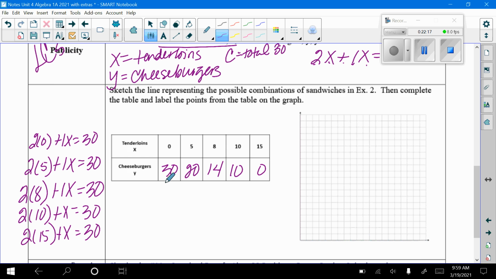So now I have to go all the way to 30 on the y. I only know it goes up to 20 because I just did the same grid I used. So let's go every 2, 4, 6, 8, 10. 2, 4, 6, 8, 10 be 20. 2, 4, 6, 8, 10 is 30. And Y stands for cheeseburgers.